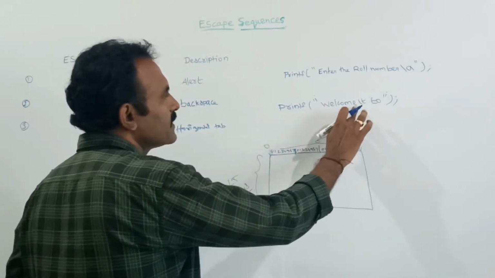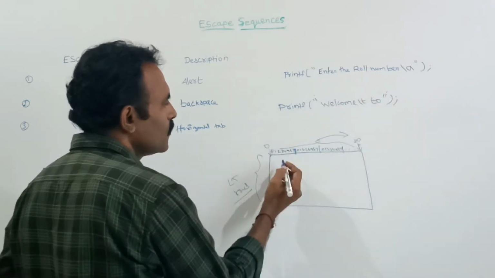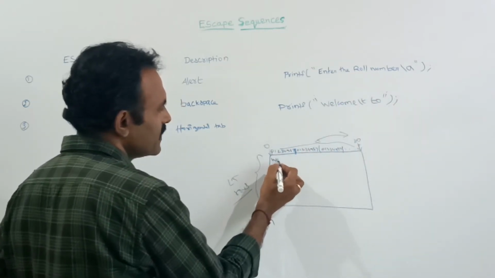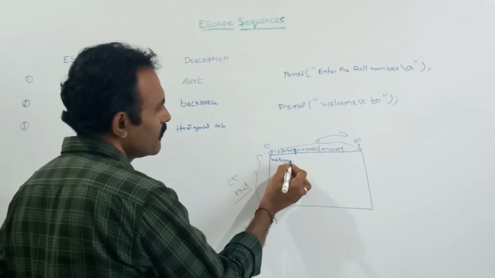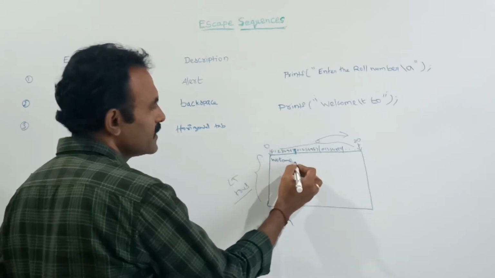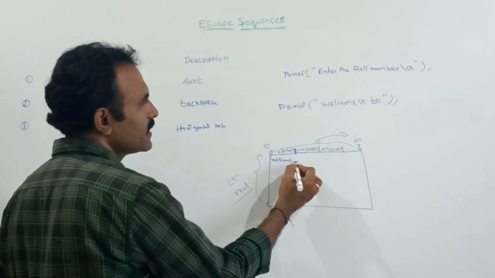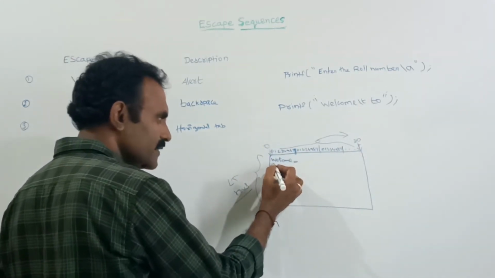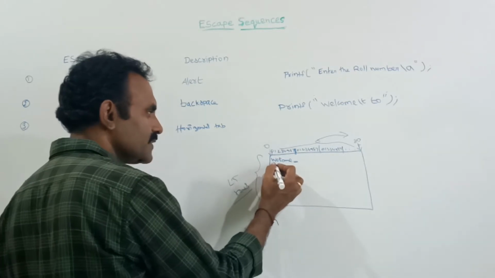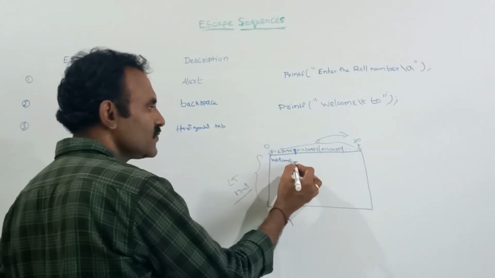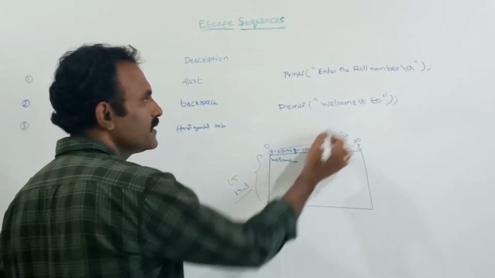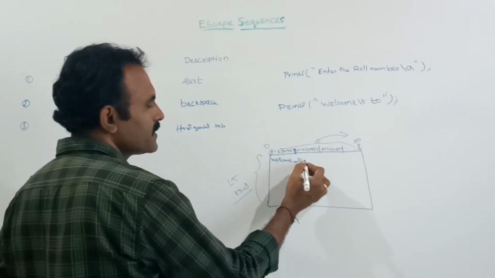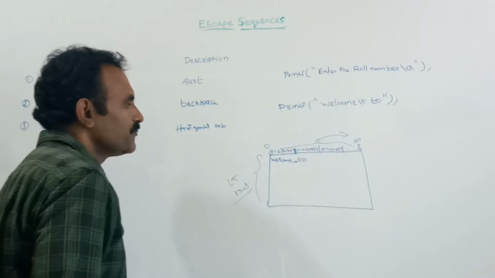Here 7 letters, after that 1 space is left, so it will print welcome, and the 7th position is free. Totally slash t occupies 8 spaces. Only 1 space is left, after that the 2 will start from the 9th position, welcome to.